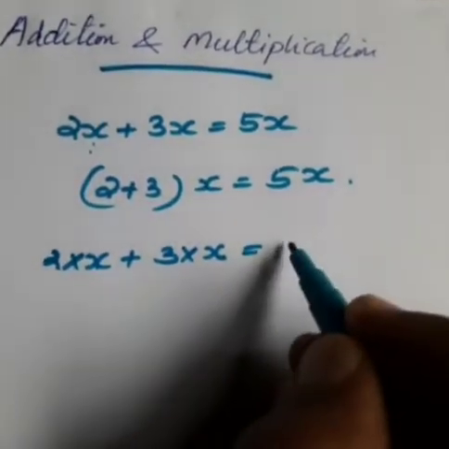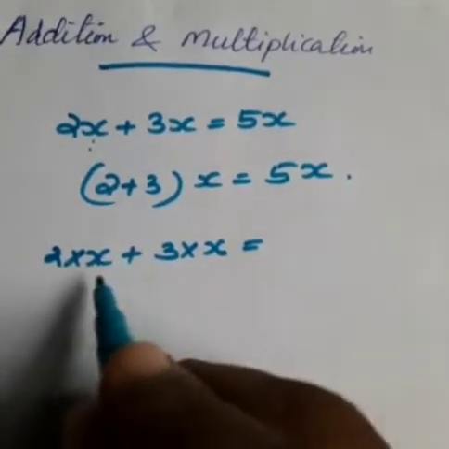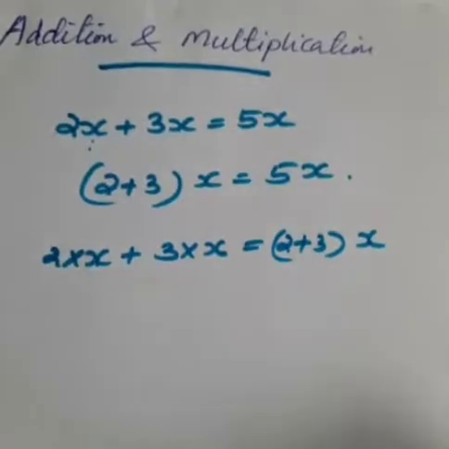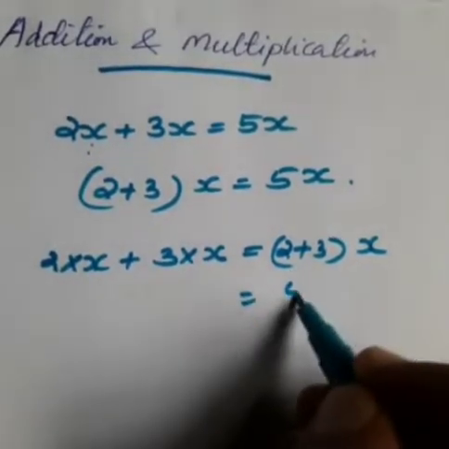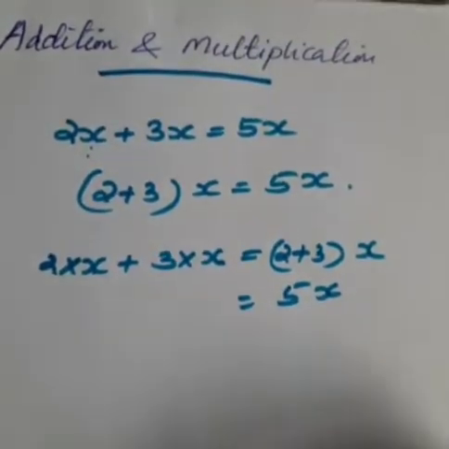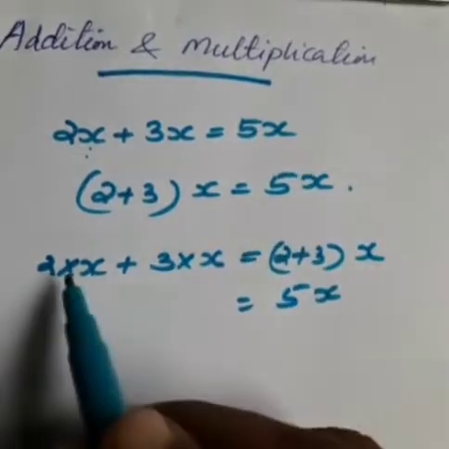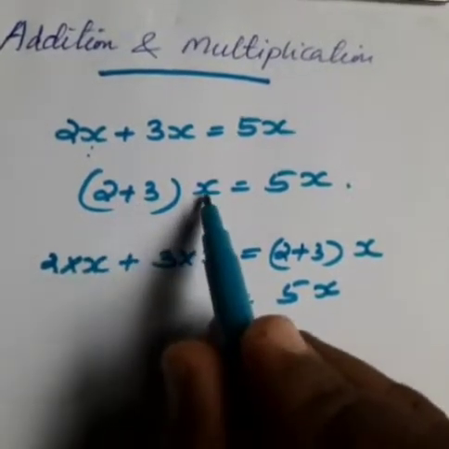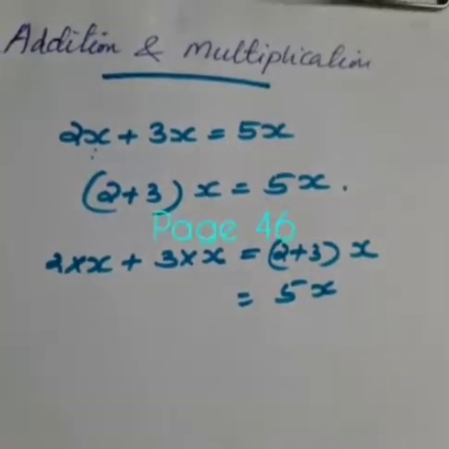That you can write as 2 plus 3 into x. What is 2 plus 3? That is 5x. That is written here. Okay, 2 and 3 are taken in a bracket and added, and x is multiplied.